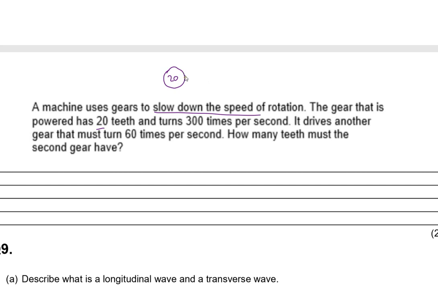So therefore, we have a small gear connected to a big gear. Now we know the teeth number of the small gear, and the small one always turns faster. So the small one is turning 300 times per second. It drives another gear which turns 60 times per second. So 60 times is slower. So therefore it has to be a big one. So therefore the number of teeth must be higher.